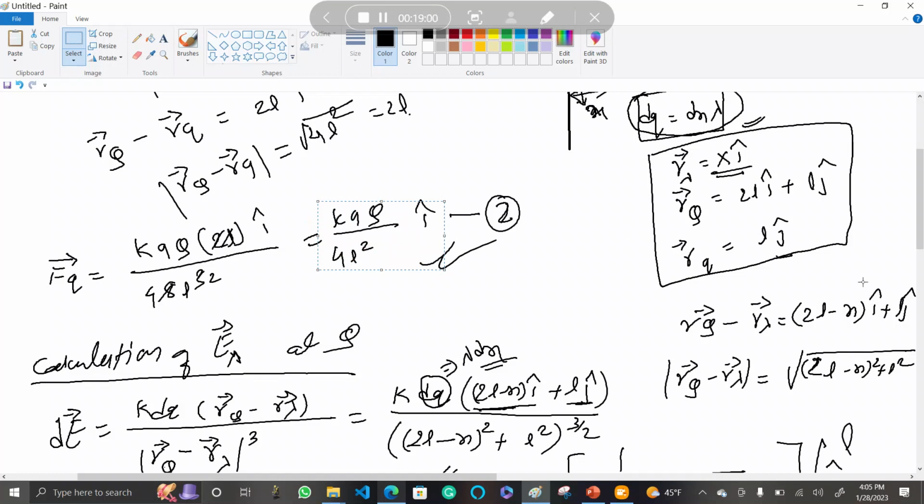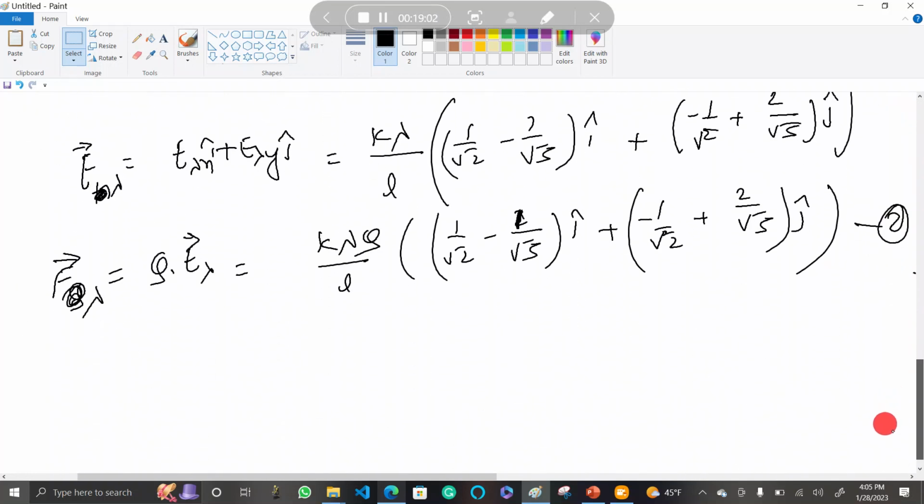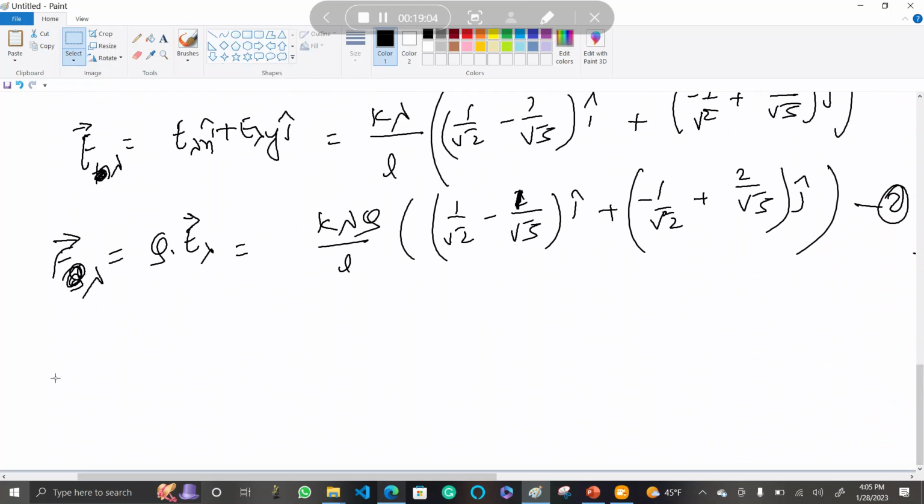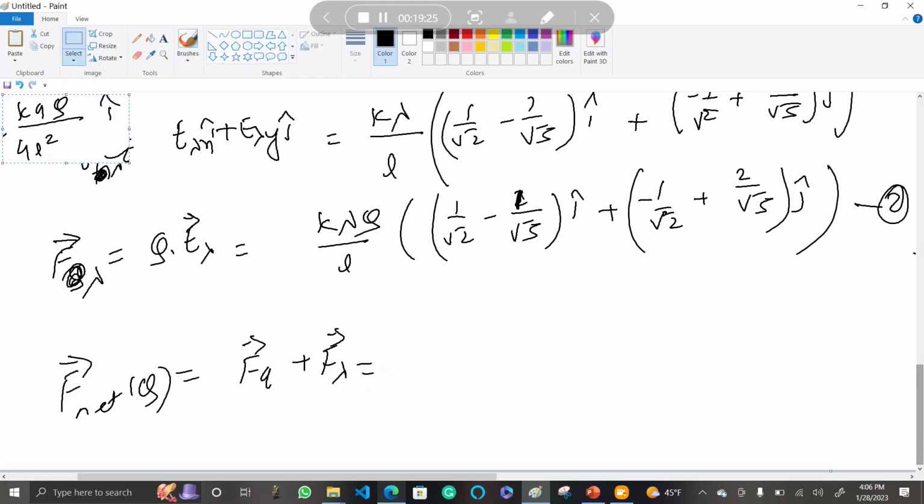Let me copy this and go down here. F net on Q is equal to F due to Q plus F due to lambda. F due to lambda is this, right?